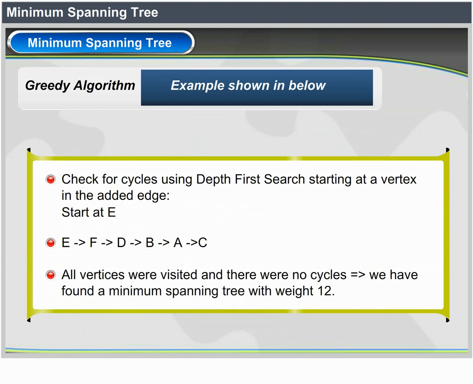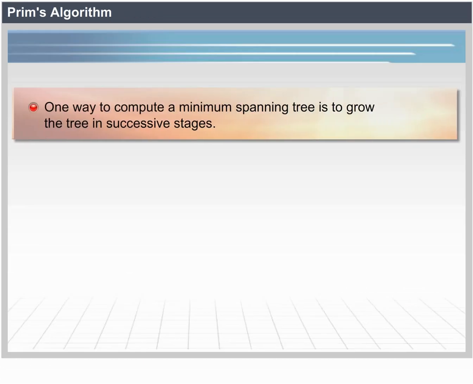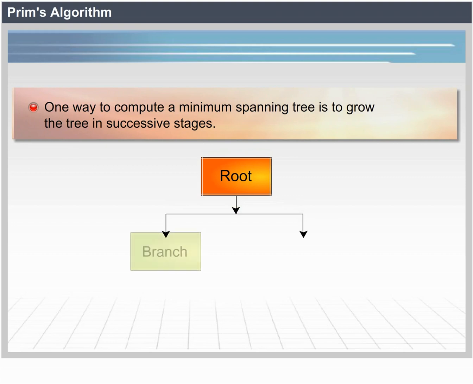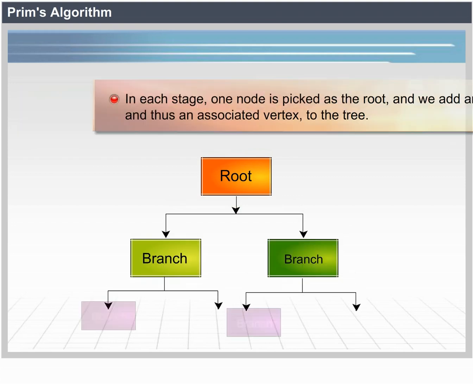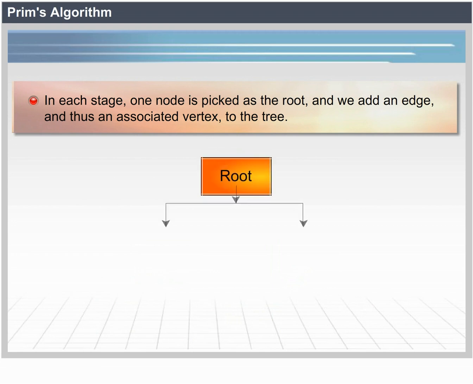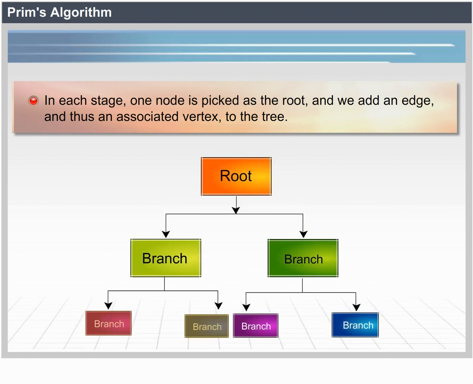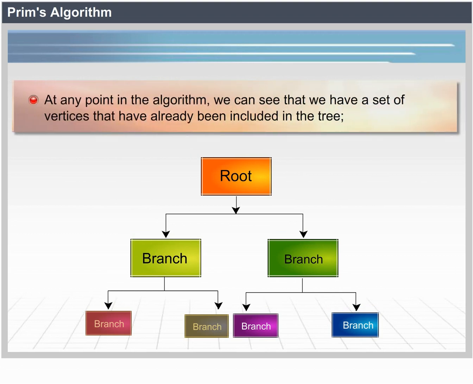Prim's algorithm. One way to compute a minimum spanning tree is to grow the tree in successive stages. In each stage, one node is picked as the root and we add an edge and thus an associated vertex to the tree. At any point in the algorithm, we have a set of vertices that have already been included in the tree. The rest of the vertices have not.